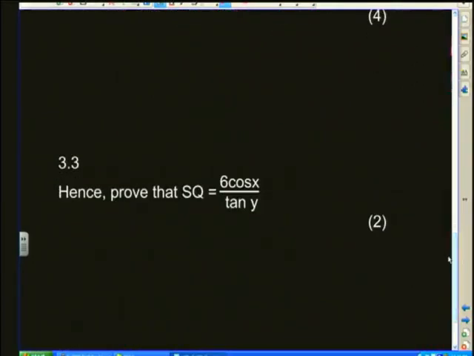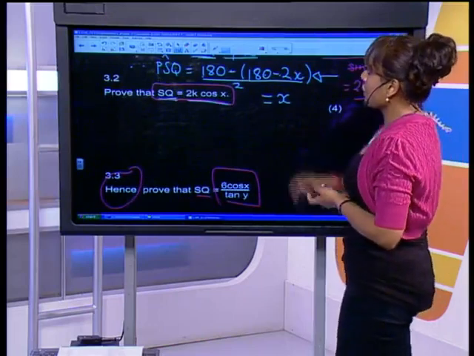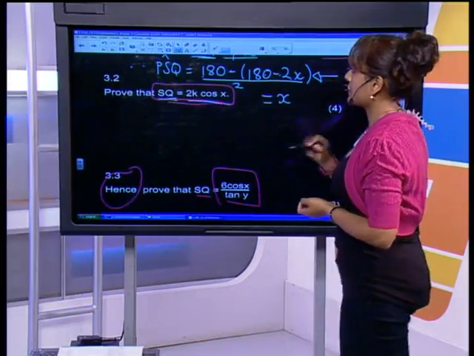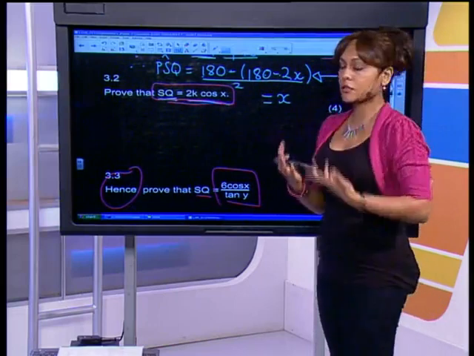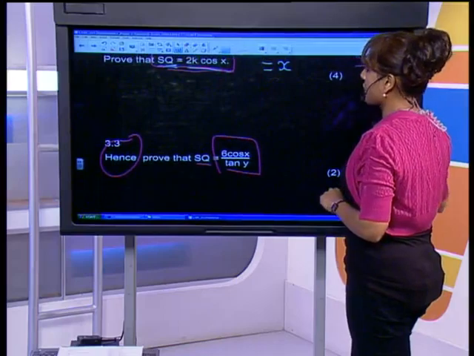Okay, now 3.3 says, hence prove that SQ is equal to 6 cos x over tan y. So hence is a big clue that you need to use what you've already done. So what have we just done? Well, in part 3.2, we've just proved that SQ is equal to 2k cos x. Again, we did that by working with one of the triangles in the cyclic quad.